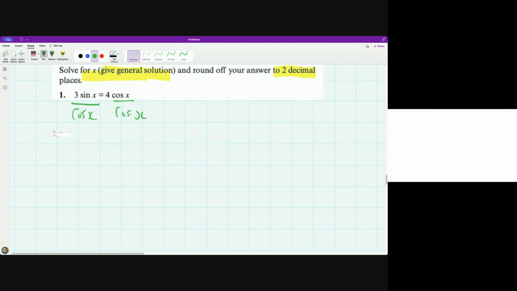If I do that, do you all understand what I've done if I've divided both sides by cos? Okay, so now something different. If I go 3 sine x over cos x, that's just this side. But if I have cos x over cos x, that cancels out, and I just get 4.